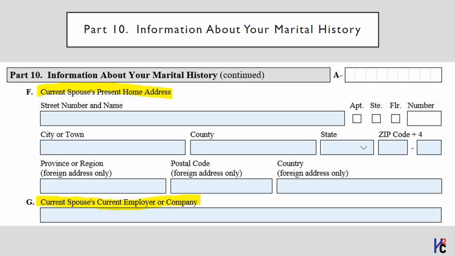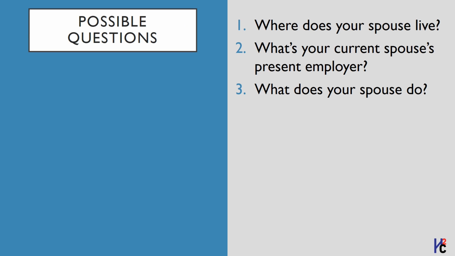F. Current spouse's present home address. G. Current spouse's current employer or company. Number 1.